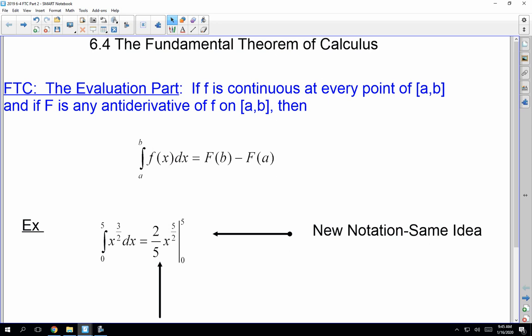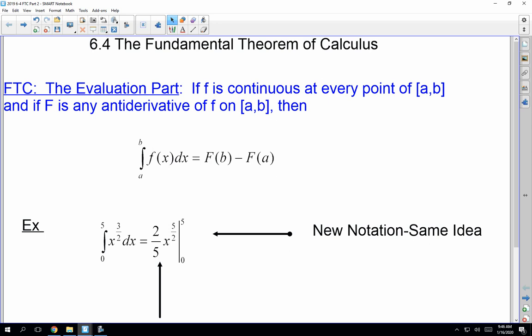And so the fundamental theorem of calculus says, and it has some given parts to it. Given parts are important. The fundamental theorem of calculus says if f is continuous at every point of a closed interval AB, so we've seen that in our other theorems, continuous on a closed interval AB, and if big F is any antiderivative of little f on that same interval, then, and we call this the evaluation part.